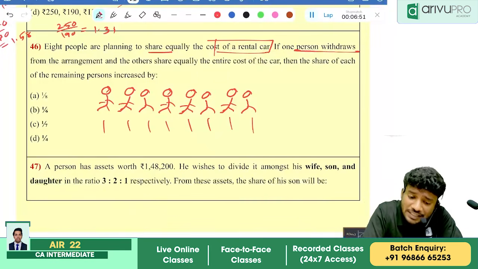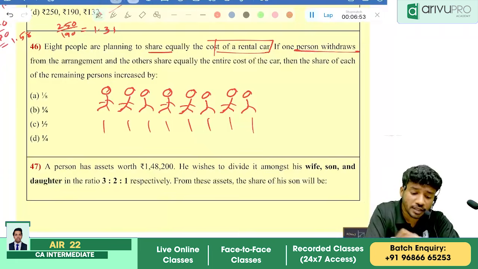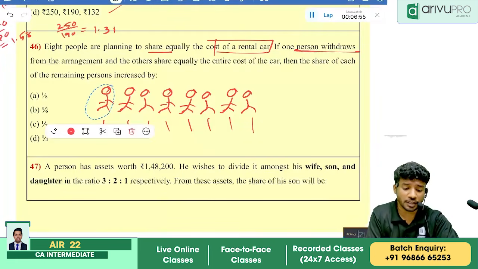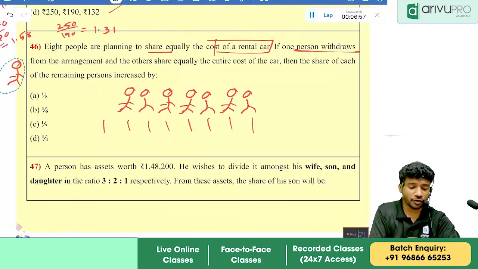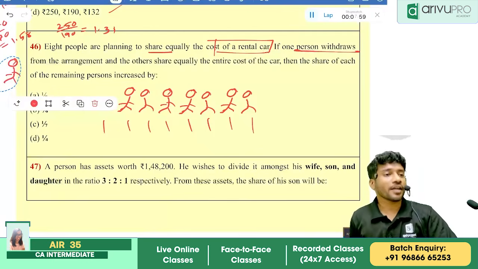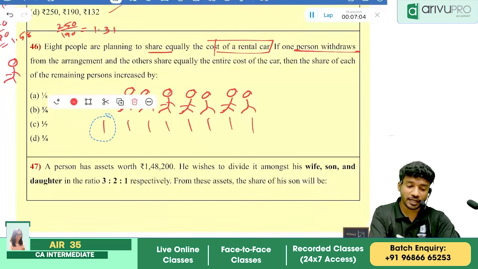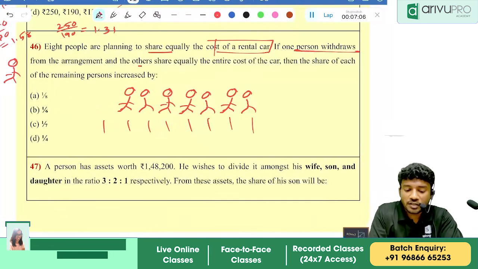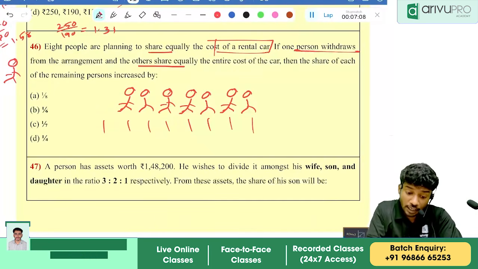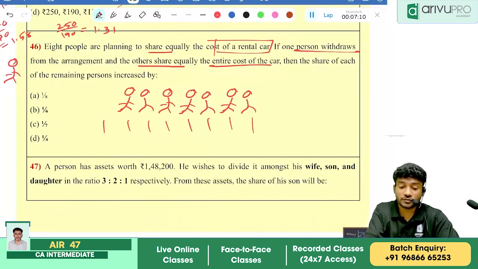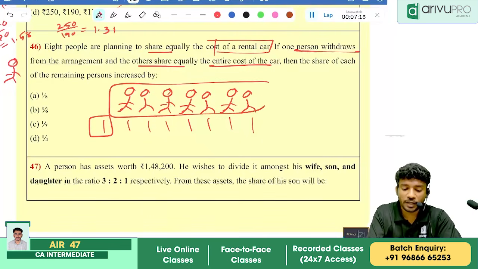If one person withdraws from the arrangement, say one person is getting married and says bye bye, what is remaining? 1 share is remaining, correct? Now the question is, the others share equally the entire cost of the car. That means this 1 share is split between how many people?